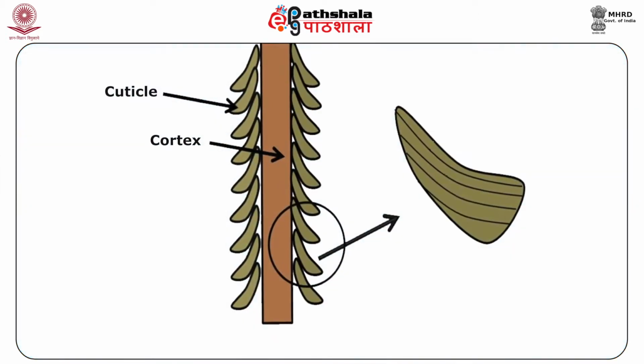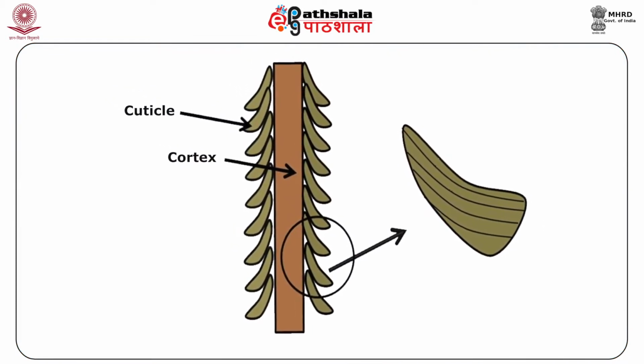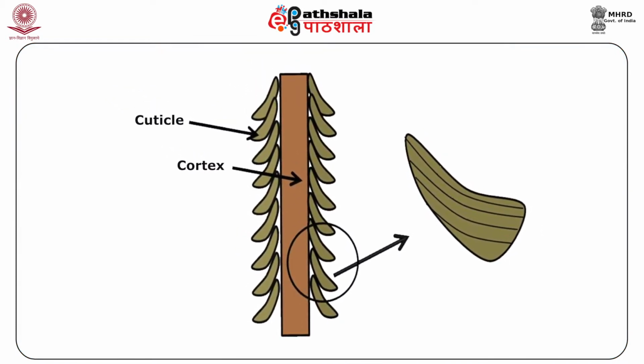Further, the structure of cuticle is like the scales of fish and is also characteristic of origin. Physical properties of hair like refractive index, birefringence and density also differ not only from one species to another, but also from one individual to another individual.